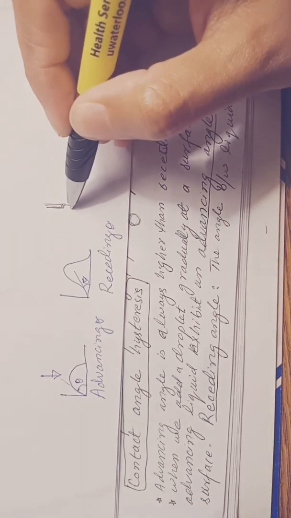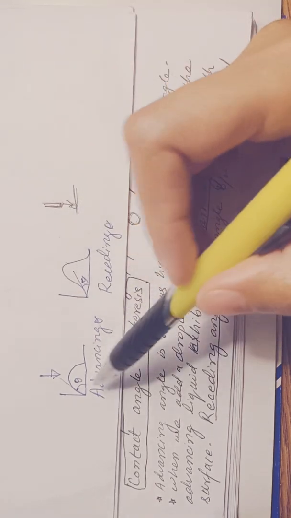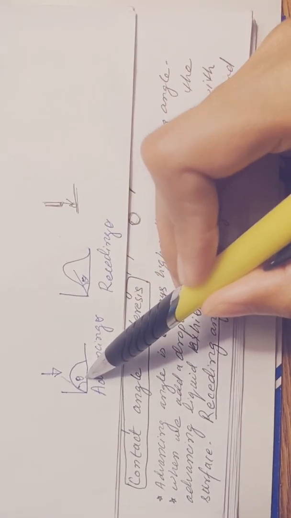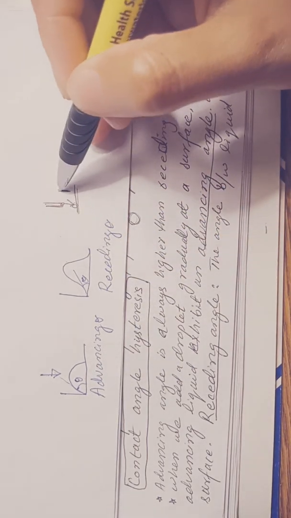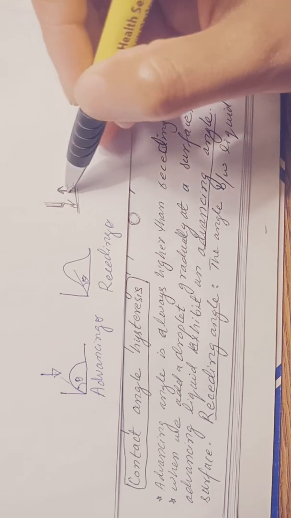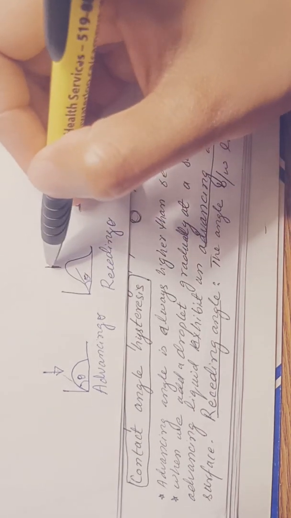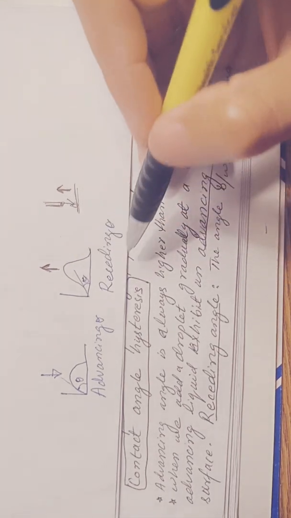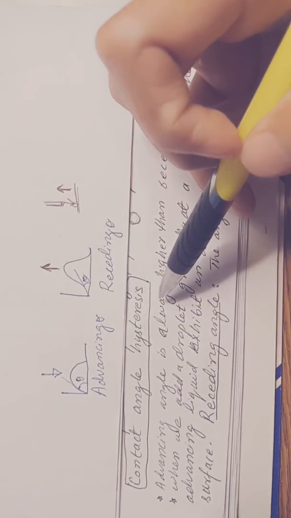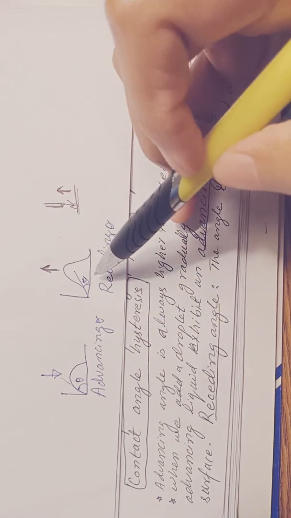If you are advancing the droplet over a solid surface, then the angle is this one, and in the other case you are sucking back this liquid into the micropipette. It means you are moving the liquid in the upward direction. So here we have our receding angle. So contact angle hysteresis says that the advancing angle is always higher than the receding angle.